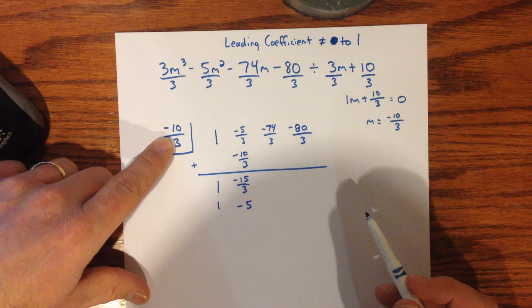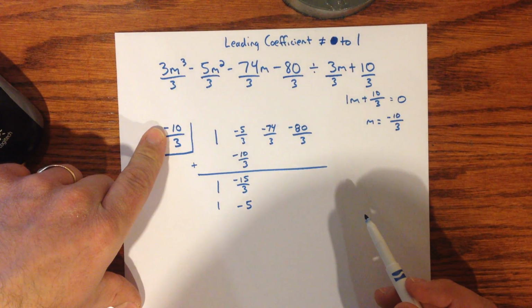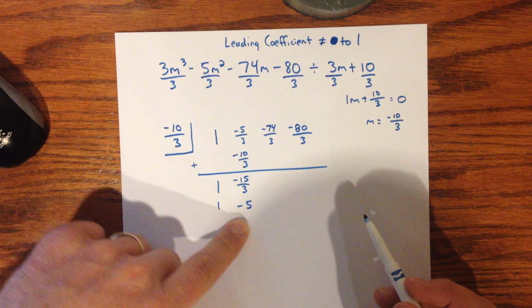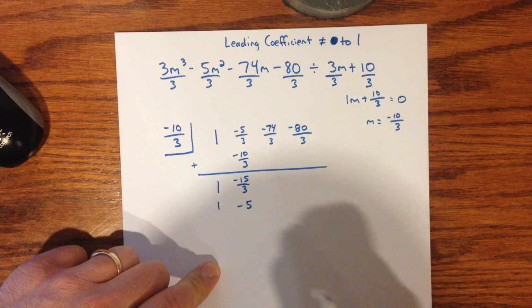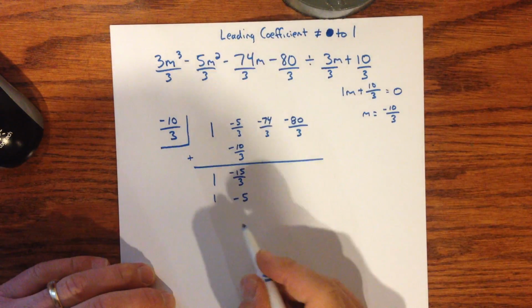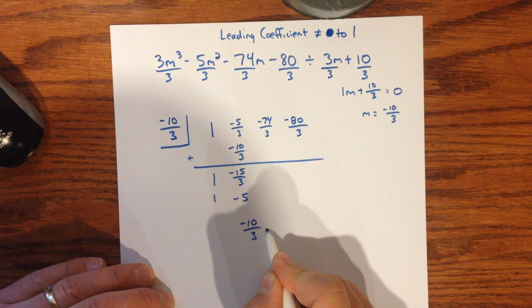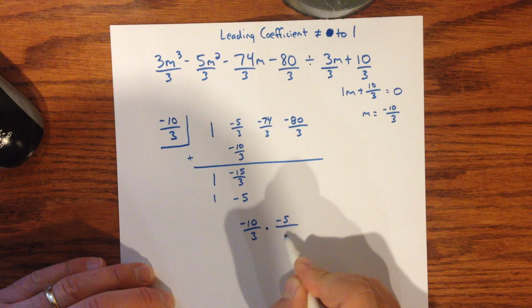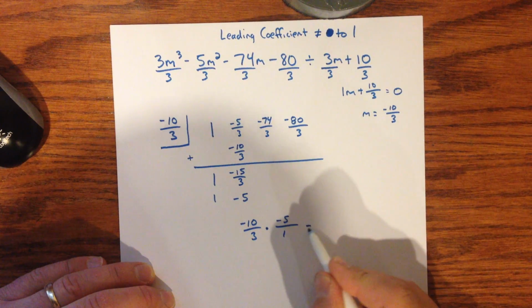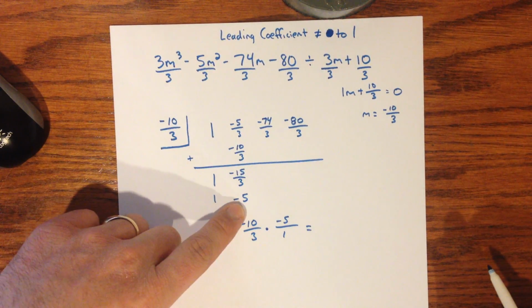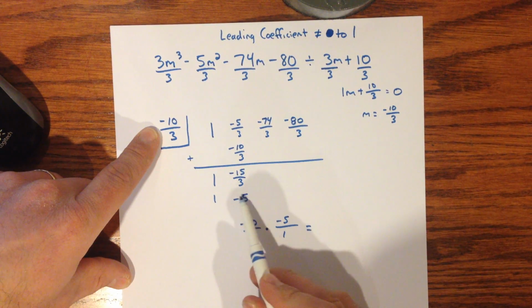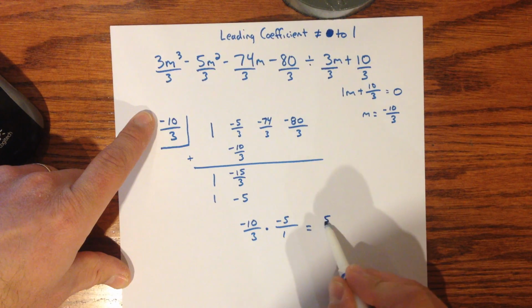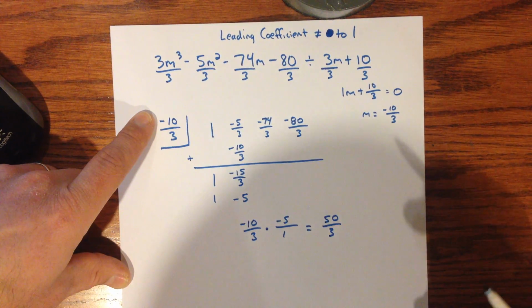Then negative 10 thirds times negative 5. That's really negative 5 over 1. When I do a whole number times a fraction, the whole number is multiplied to the top, which gives me 50 thirds.